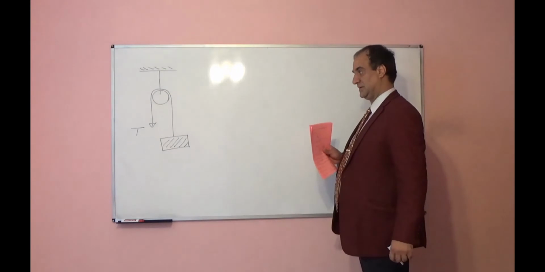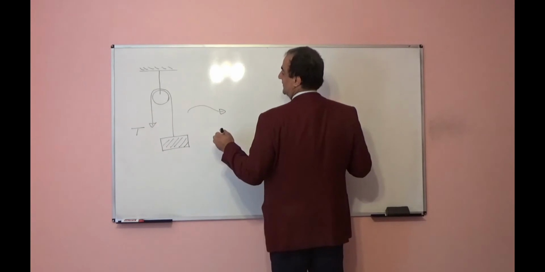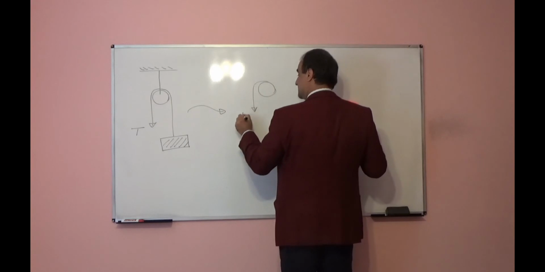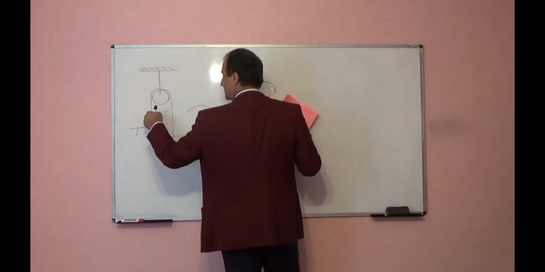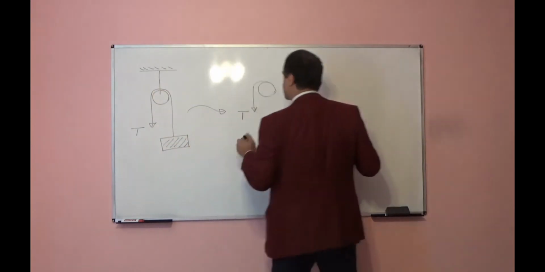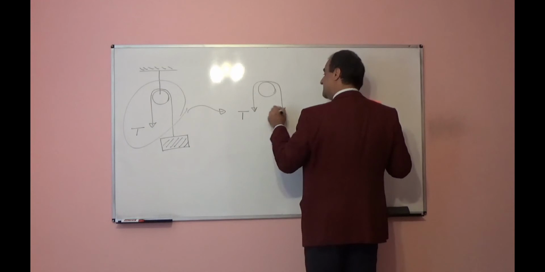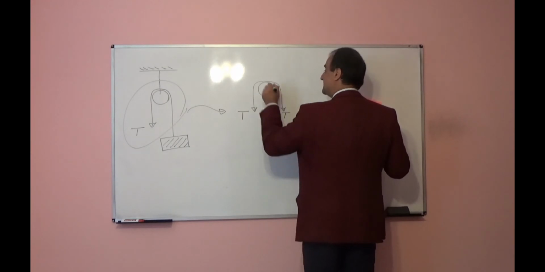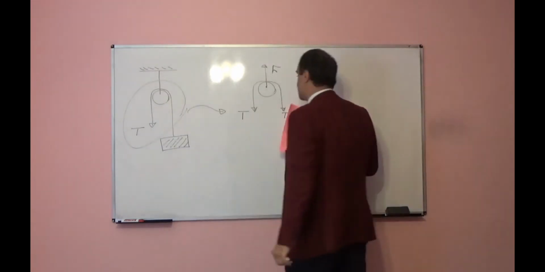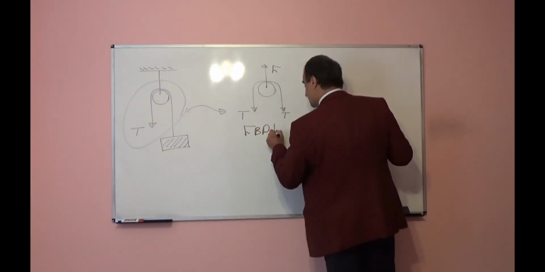What is the free body diagram for this system? We can draw different free body diagrams here. One of them is for the pulley, and this is the T I am applying. This T will transfer through this rope and it will transfer to this box. So if I cut the system like this, the free body diagram for the pulley will have T, T, and there is another force here in this cable, which I show with F. This is free body diagram 1.